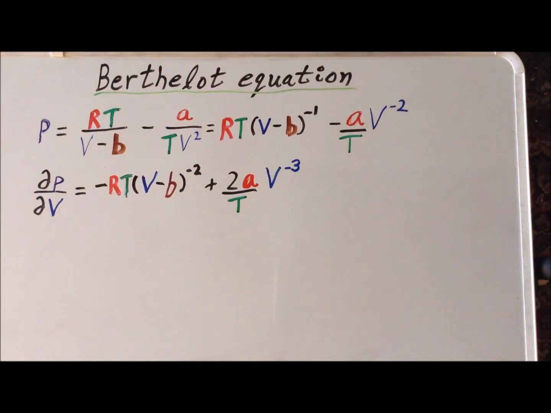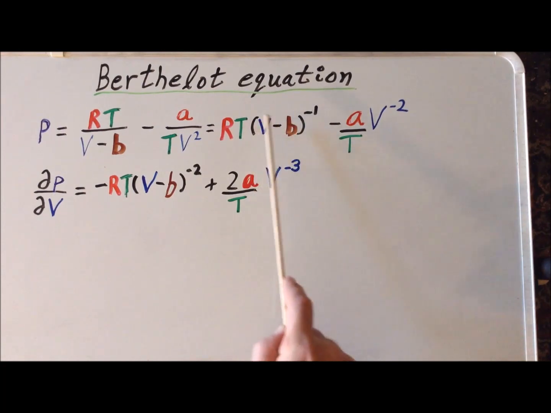So we take the first derivative of this expression with respect to the volume. And we notice that we have a function of v, which we'll call u here. So the derivative of u to the minus 1 is minus u to the minus 2, and then we take du dv.